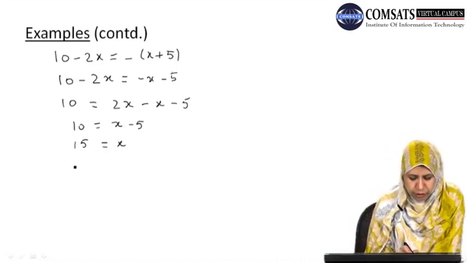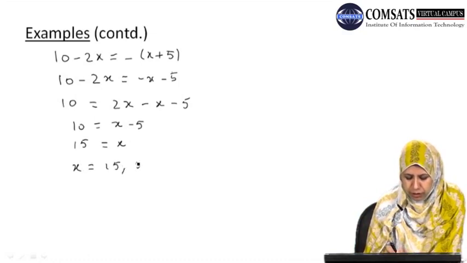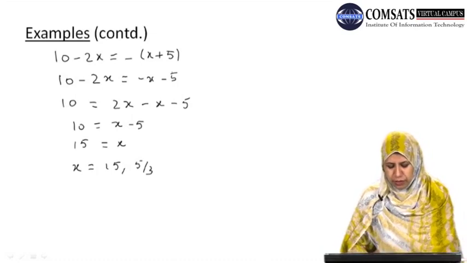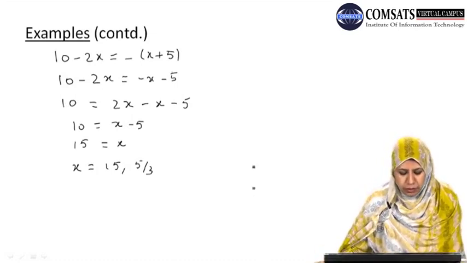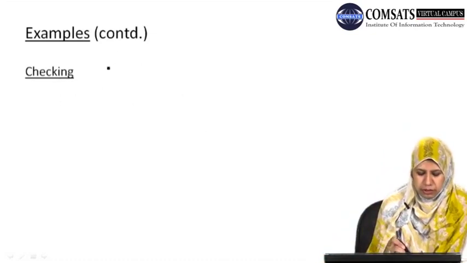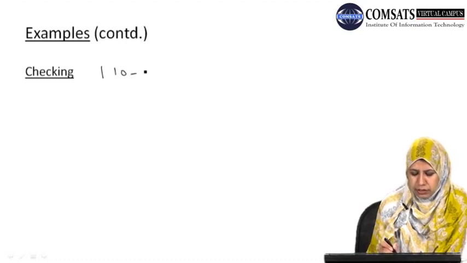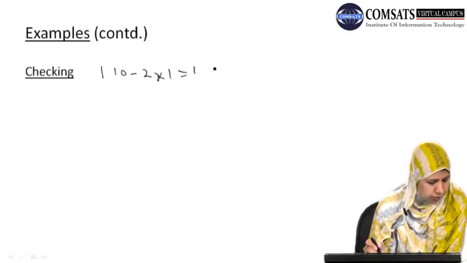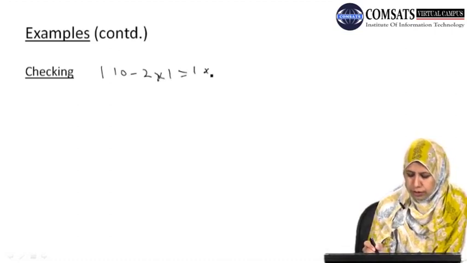So the values of x are 15 and 5 by 3, which satisfy this absolute value equality. So absolute of 10 minus 2x is equal to absolute value of x plus 5.